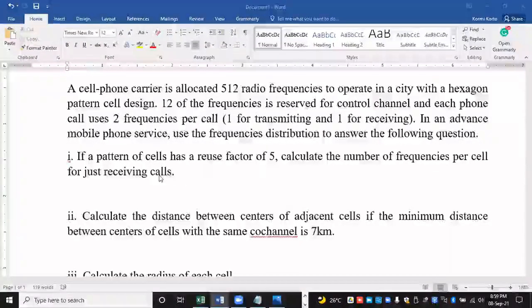First things first, if the ISP was allocated 512 radio frequencies and 12 are reserved, it means that technically they only have 500 for most of their transmissions. Okay? Are we good? Guys, are we good?